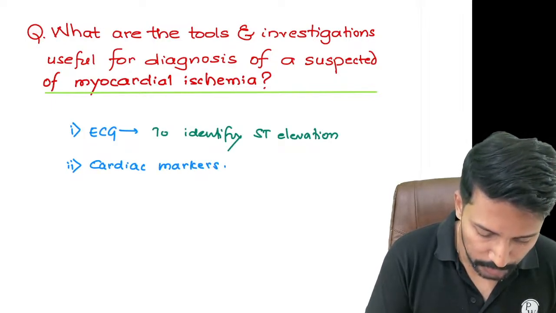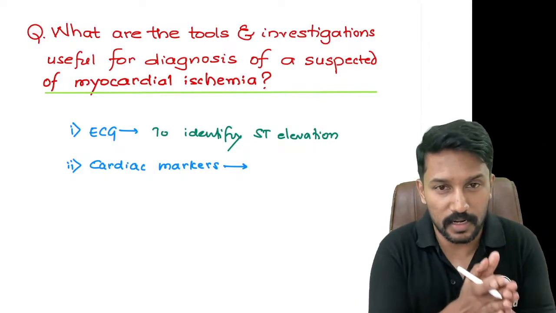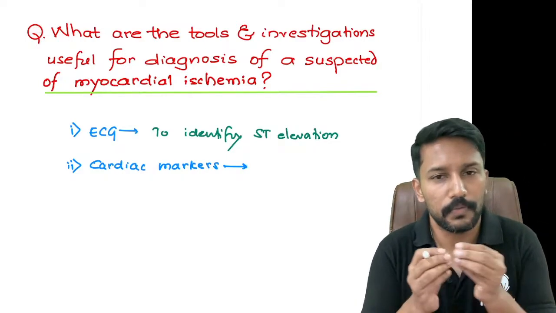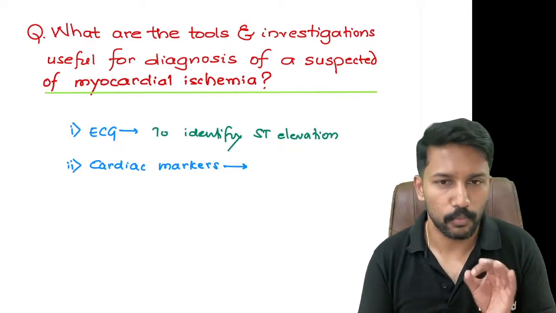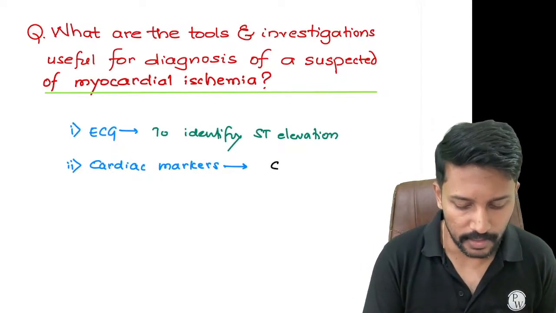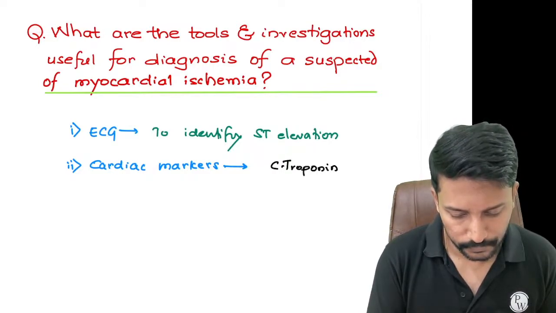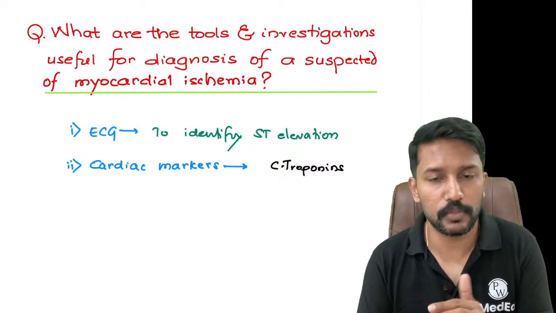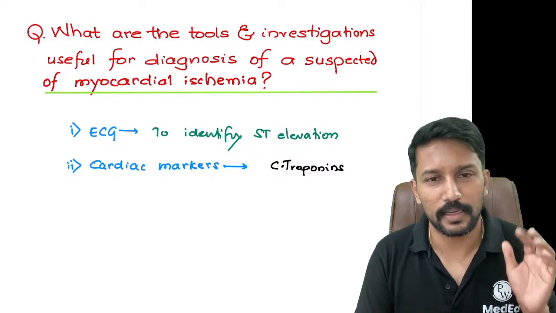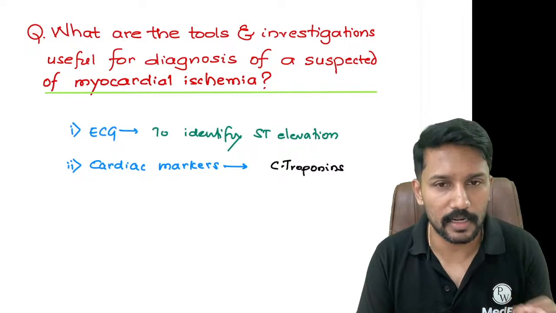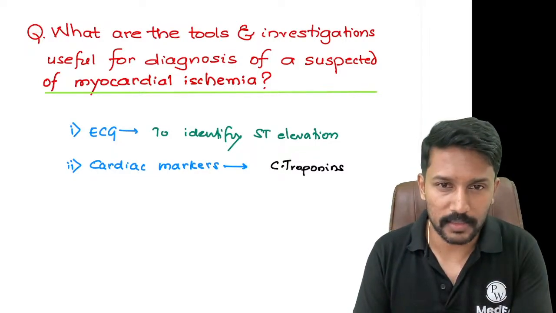Cardiac markers. In biochemistry, you might have studied a lot about cardiac markers. Which one is the earliest to rise? Which one is the most commonly performed? In clinical practice, the most commonly performed cardiac marker is the cardiac troponins. Though in recent times we have come out with more advanced biomarkers like ischemia modified albumin and heart type fatty acid binding proteins, they are still not part of common practice.